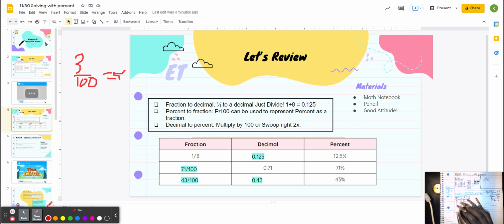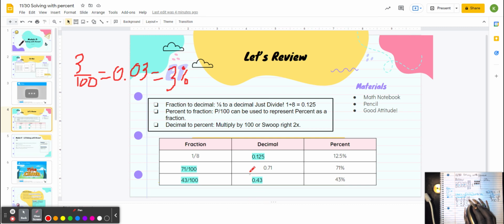And in order for us to write 3 cents, we would literally write it as 0.03. And that way we know that this is 3%.